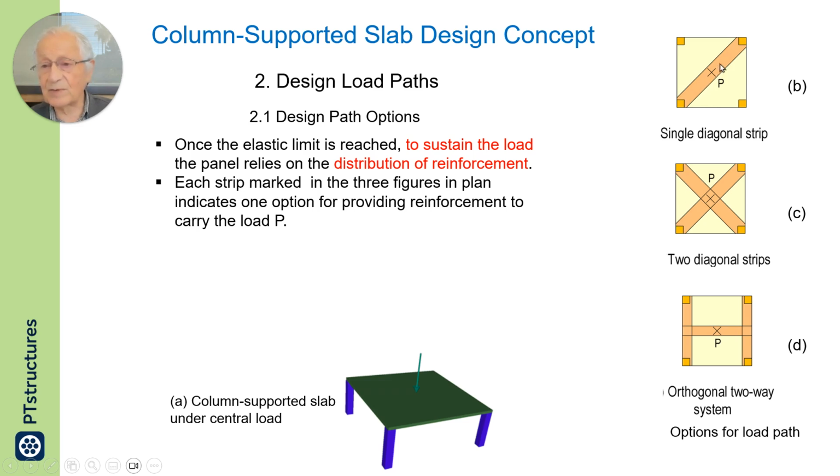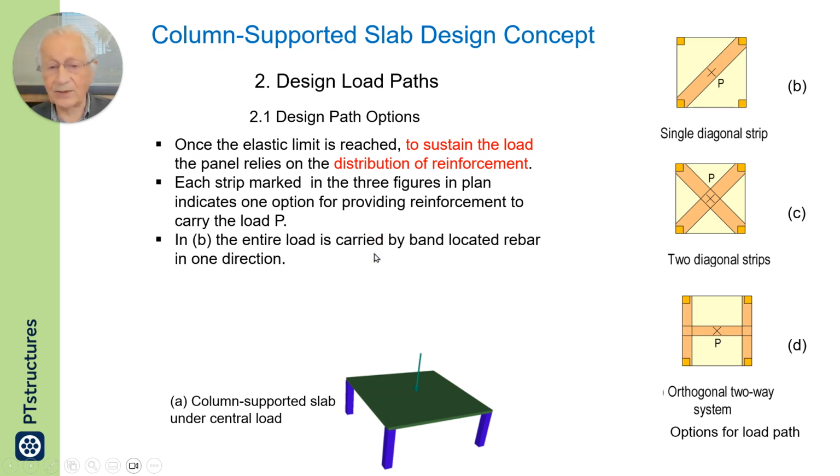Here the reinforcement is positioned along the diagonal. Here it is positioned along both diagonals, and another option at the bottom right. Each strip marked in the three figures in plan includes one option of providing reinforcement to carry the load.